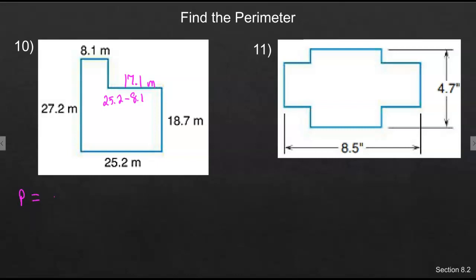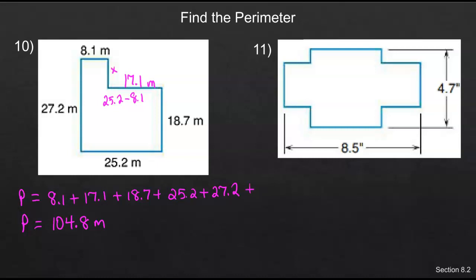So my perimeter will be 8.1 plus 17.1 plus 18.7 plus 25.2 plus 27.2. I get a perimeter then of 104.8 meters. Now I do want to point out that we left out one thing. We also need to know this one right here. So I need one more thing in there. This is the total.